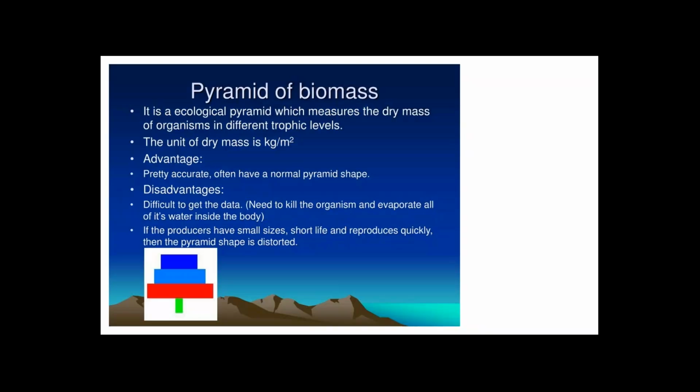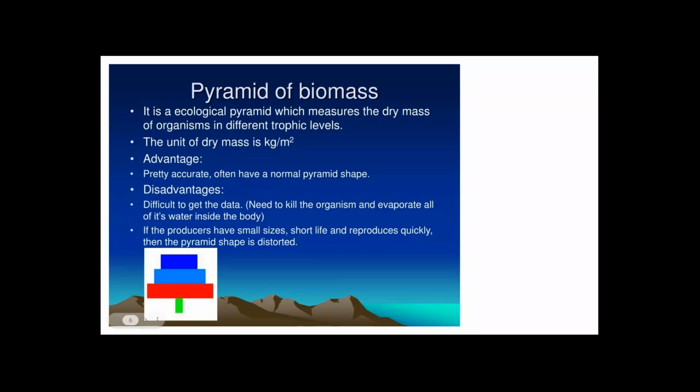Advantage: it's fairly accurate and often has a normal pyramid shape. Although it doesn't always have this, there are exceptions, when the producers are small in size and reproduce quickly, which happens in aquatic ecosystems from time to time.